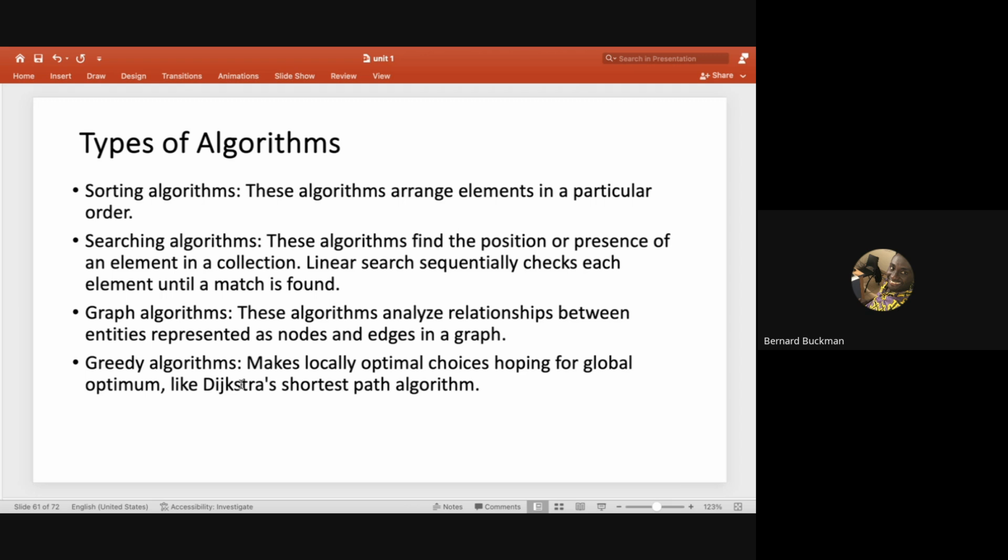So anybody who has done searching on the internet with Google, with ChatGPT, or with any of these tools has used a search algorithm. Then we have graph algorithms. Those of you who use Google Maps, Google Maps is an example of a graph.